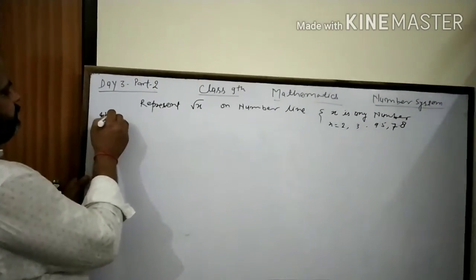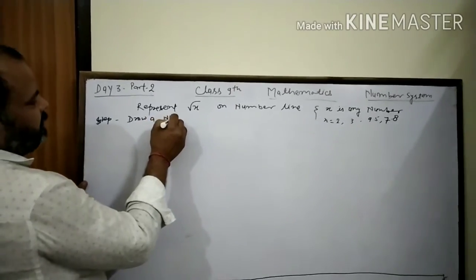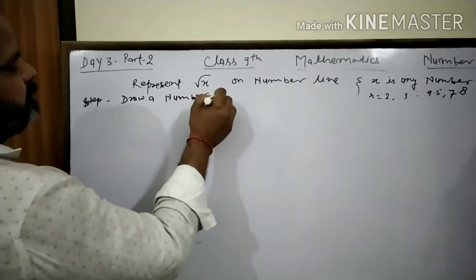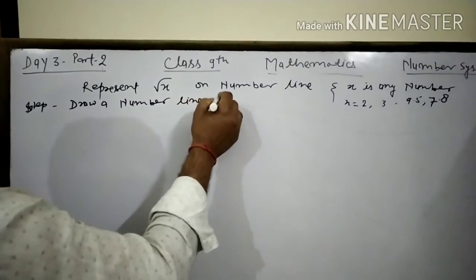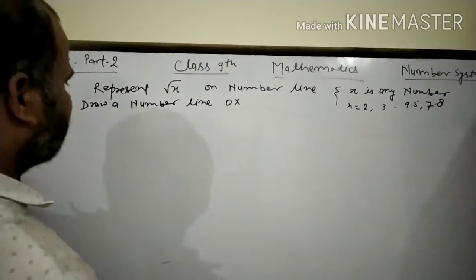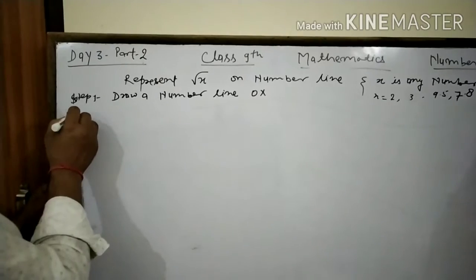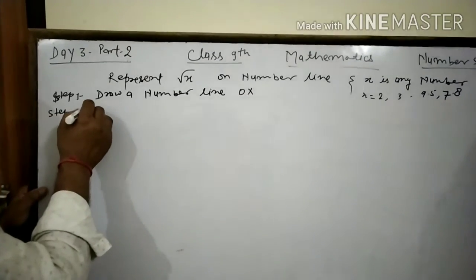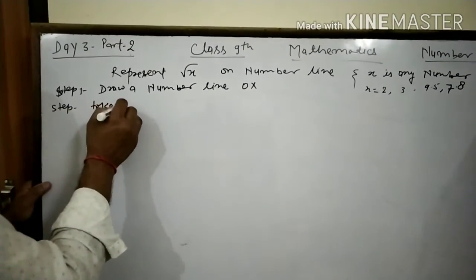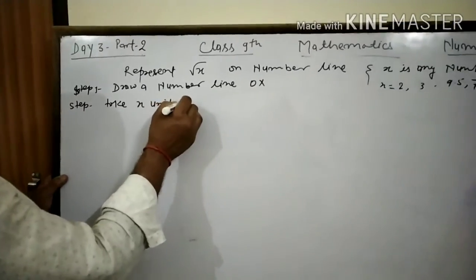Then first of all, step 1, draw a number line OX. Clear? On this number line OX, step 2, take x units on it.